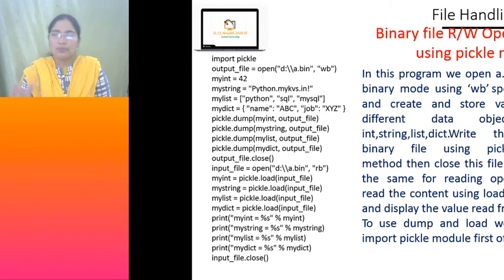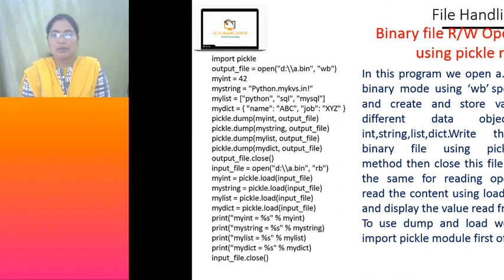Since the stored contents are already there and we are reading them, that means we are loading. The load method is used to read from that input file. Now you read one item, in the same sequence in which you dumped.